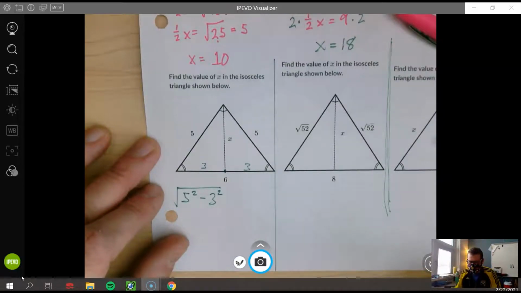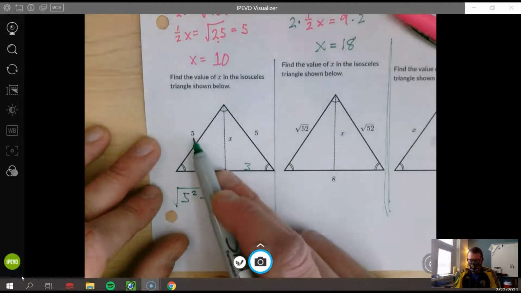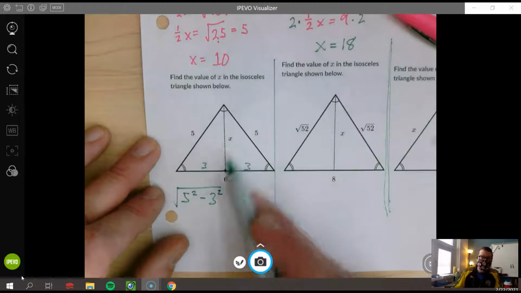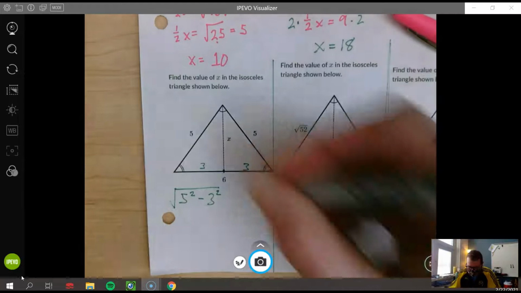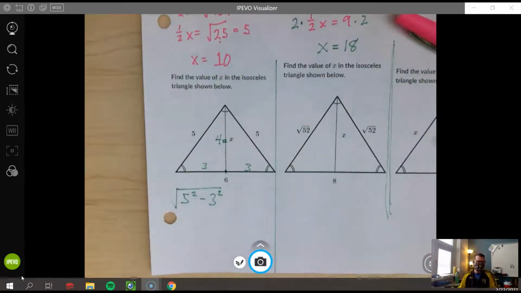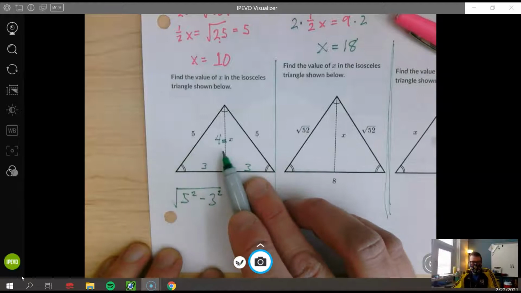Wait a minute. Guys, we know what this is. With a hypotenuse of 5 and a leg of 3, what's the other leg? I see it. Yell it. 4. It's 4. This is a 3, 4, 5 right triangle. Because when one leg is 3 and the hypotenuse is 5, the other leg has to be 4.